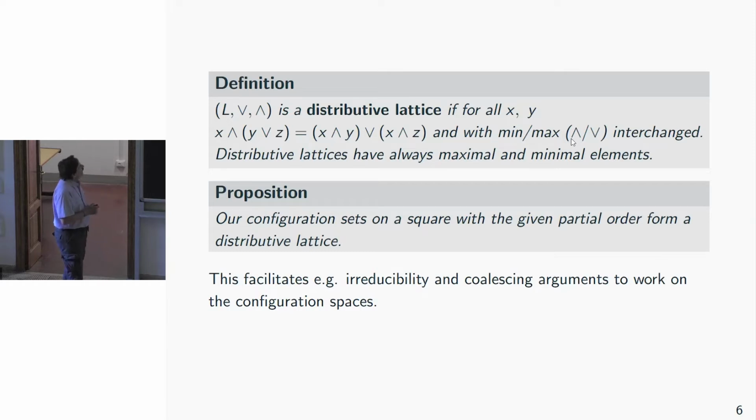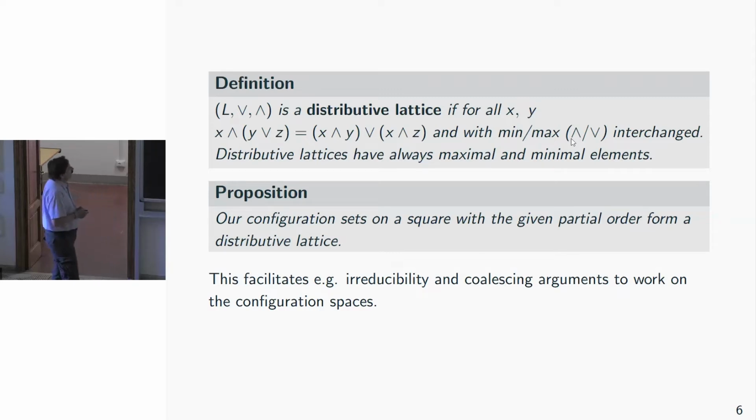This is a general combinatorial structure, and it becomes useful through this simple observation: when we are in the setup that I described on a square, and we have this partial order defined, then the configuration sets actually form a distributive lattice.